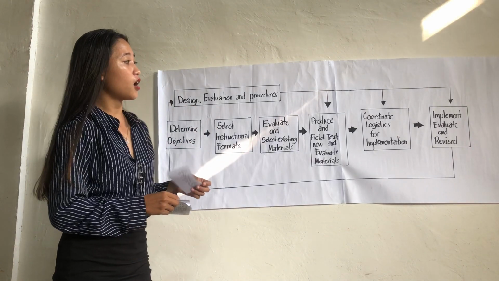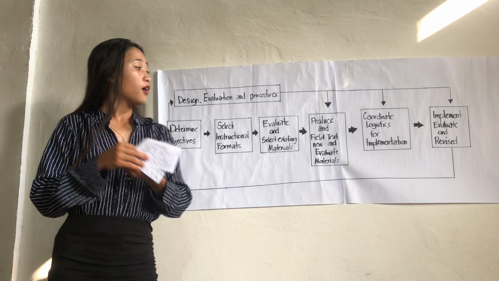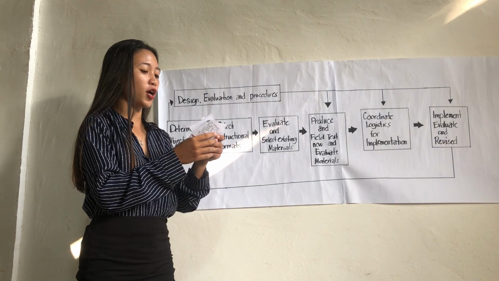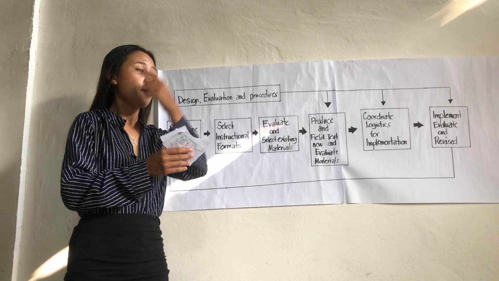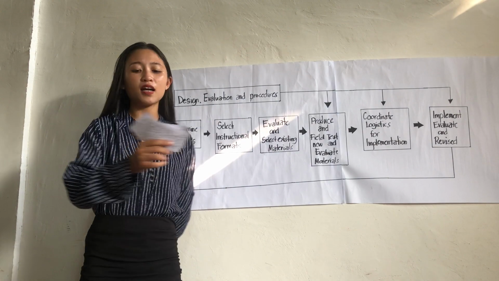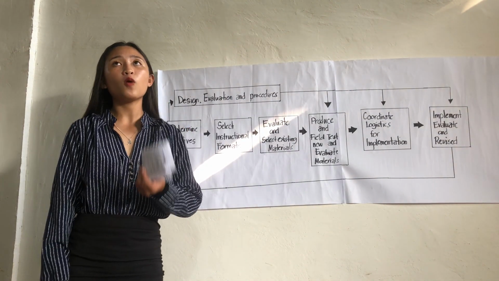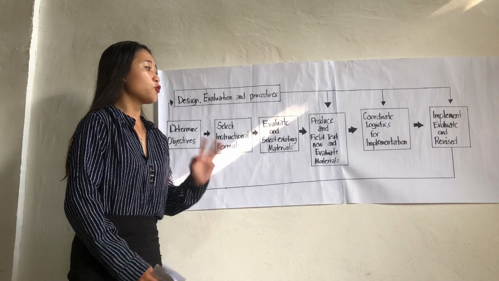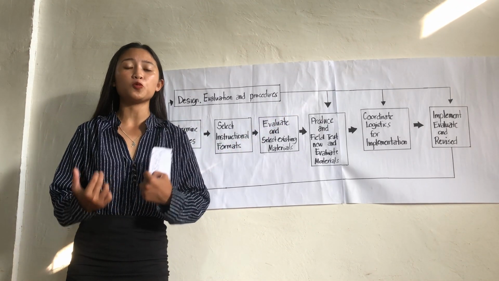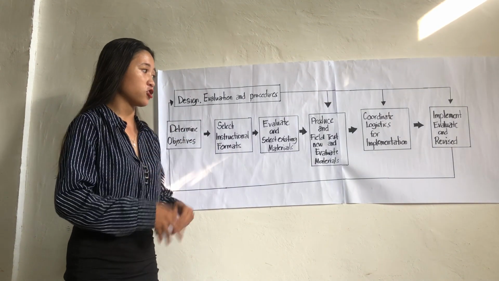The next one is coordinate logistics for implementation. It is essential for us to ensure a smooth and successful implementation of the curriculum, and also to ensure that we can effectively deliver it to the learners. From what I said earlier, in produce and field test new and evaluate materials, the material is put into real world experiences, into the educational system, as implementation.